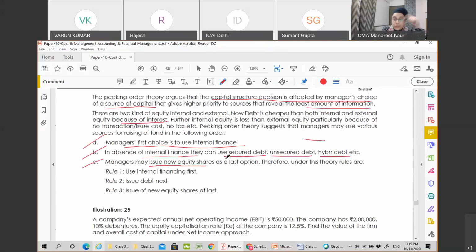Managers may issue new equity shares. Therefore, under this theory, there are three rules. These are very, very important. Use of internal financing first, issue debt next. First look at how much money is lying in your own house, in retained earnings and other sources. Second, then go for debt. Last option, the third rule is to issue new equity shares only when there is no other way.